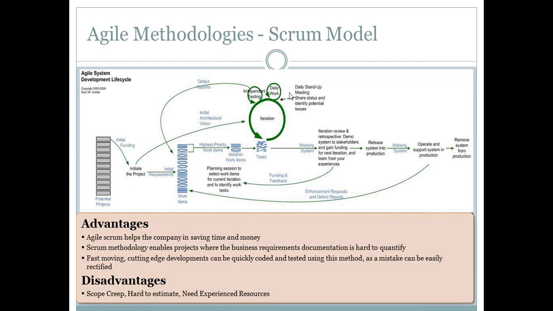All right. There are some limitations or disadvantages of this. Usually scope tends to increase when you go for a Scrum model, because people want to get their wish list in and you're not focusing only on the functionality you identified earlier, and then it keeps on increasing. This is also called scope creep.